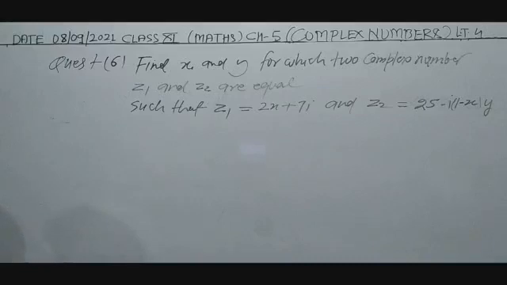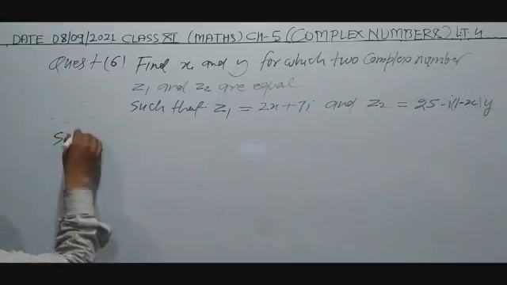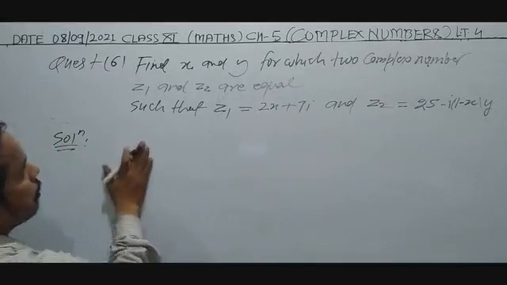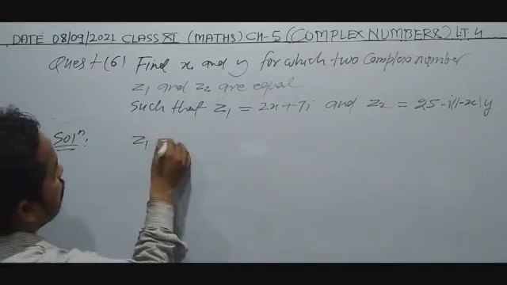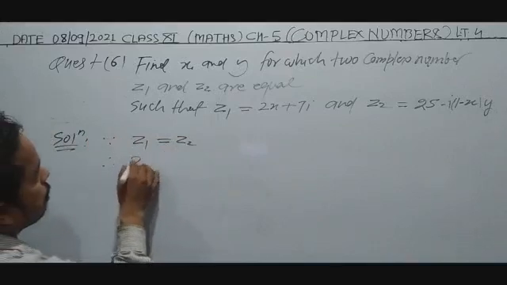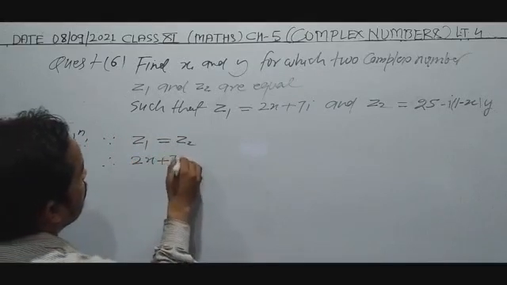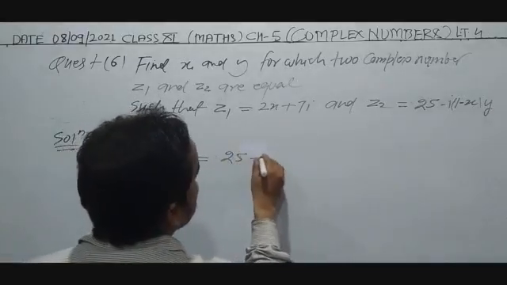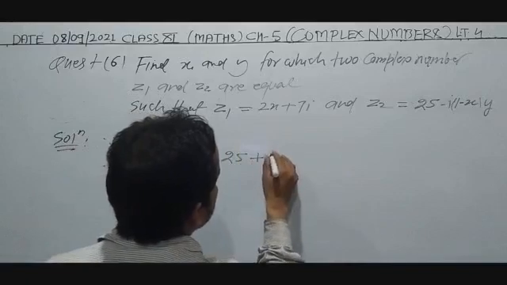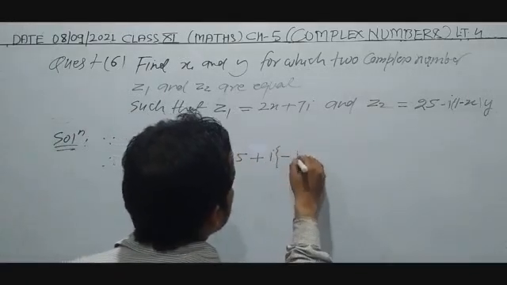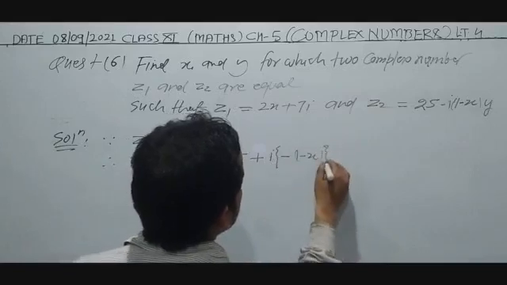Solution: z1 is equal to z2. This implies 2x plus 7i is equal to 25 plus i in bracket minus 1 minus x y.